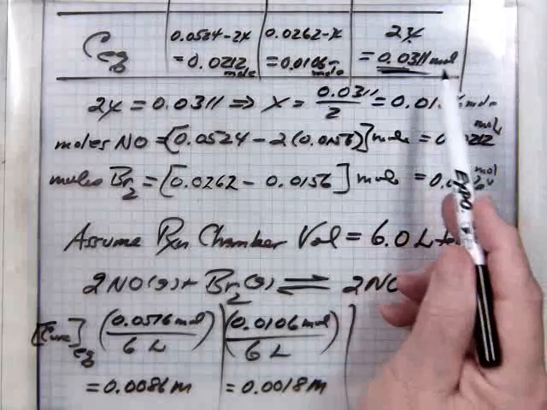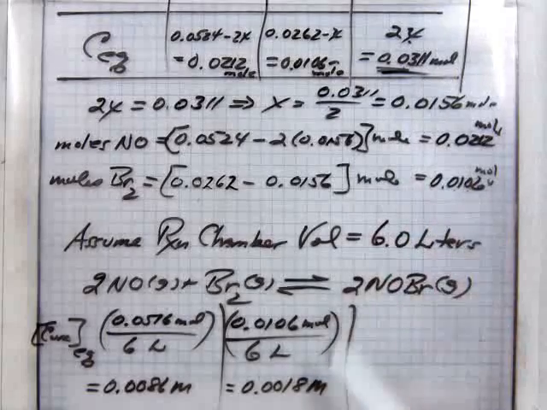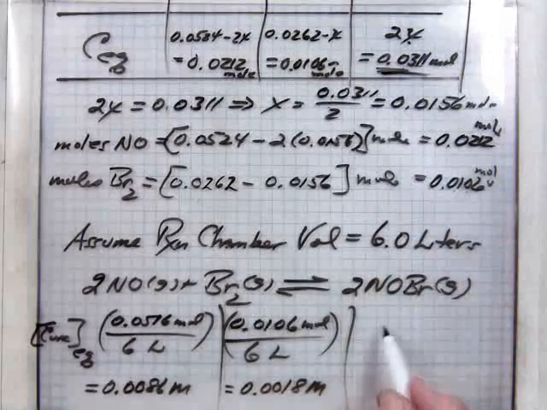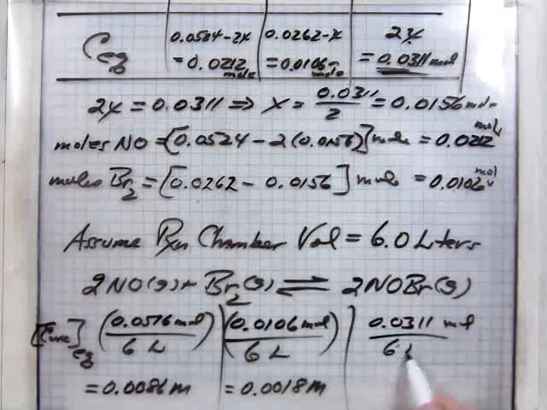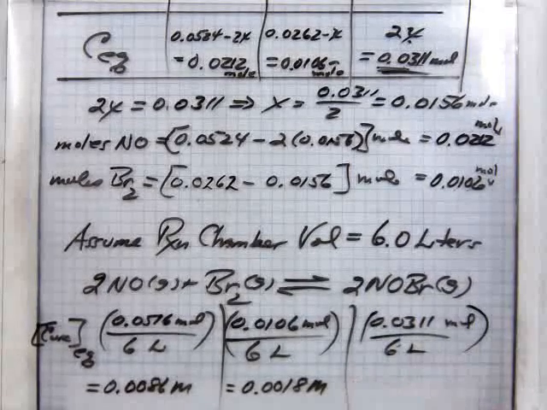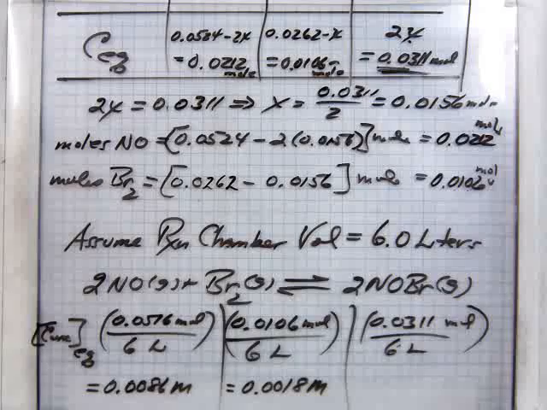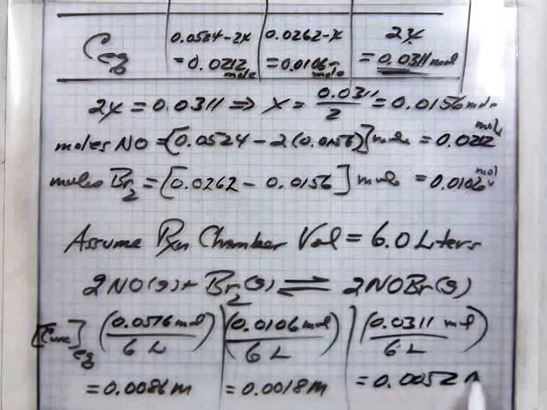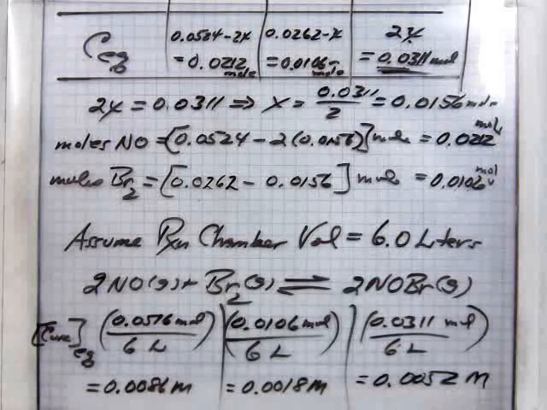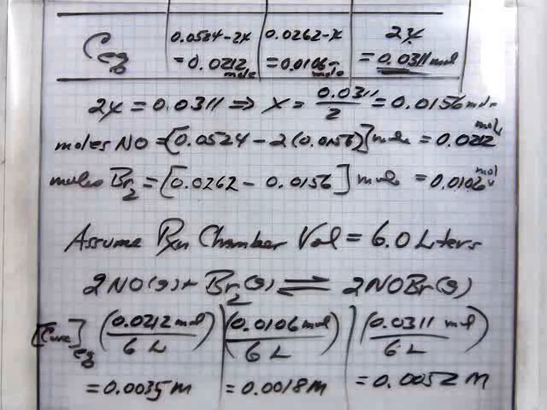And then we're given 0.0311, which is 0.0311 mole over 6 liters. And that's 0.0052. Wait a minute. Did I misfire? Correction, 0.0035.